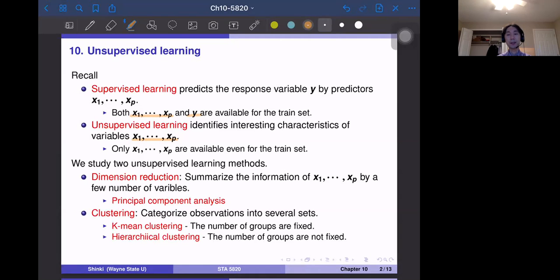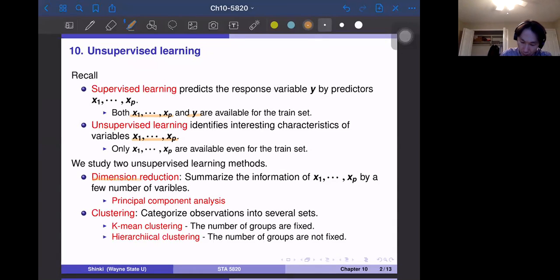It's pretty hard, but it's not impossible. I don't really know the Chinese language, but maybe some letters that appear more often than others, that kind of information can be useful to translate one language to the other. So that is also possible. But usually unsupervised learning is more difficult because we don't have Y.